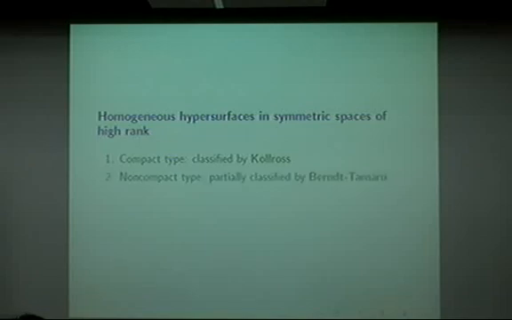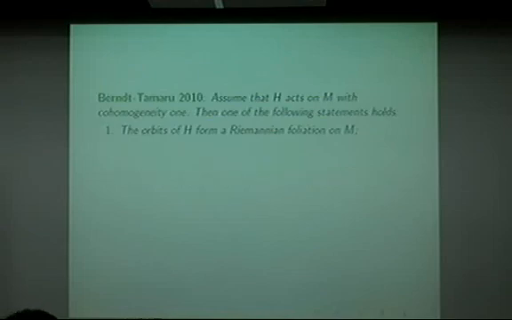And the non-compact type, well, we have now partially classified them. So in fact, I think we have a conceptual approach now for classifying homogeneous hypersurfaces in symmetric spaces of non-compact type. And maybe I explain how this works.